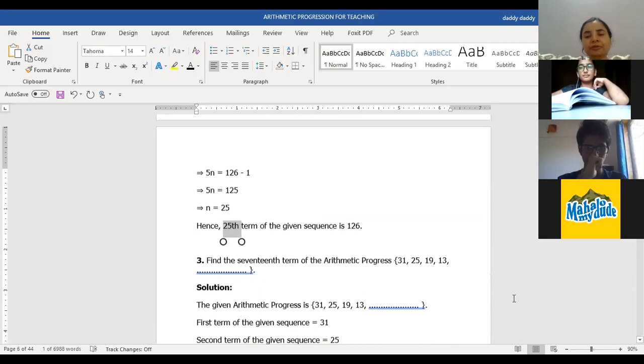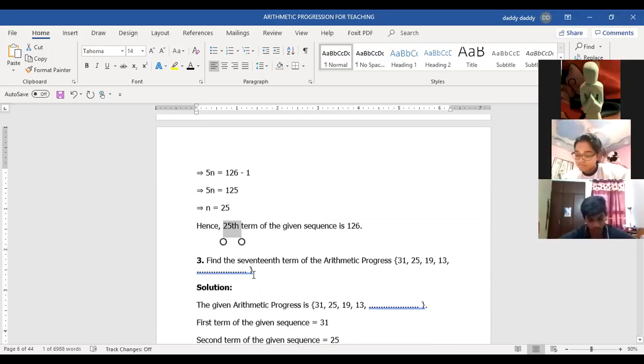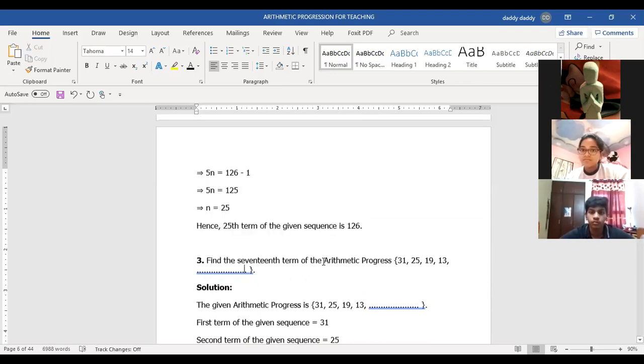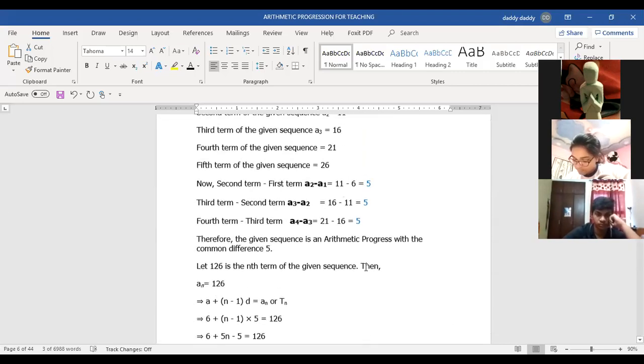Let's move on to a different kind where he's asking you to find the 17th term of the AP. Now here, children, they have already given you that it is an arithmetic progression. So you will not have to do that step where you find out whether the sequence is an AP or not, unlike the previous question where they did not mention the name AP.